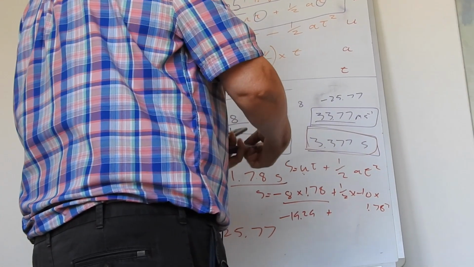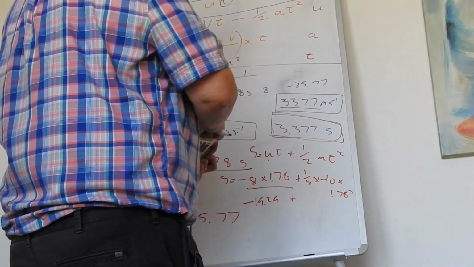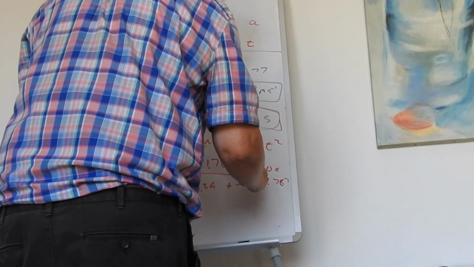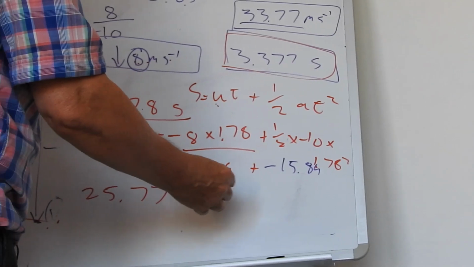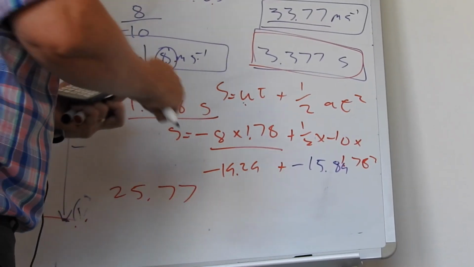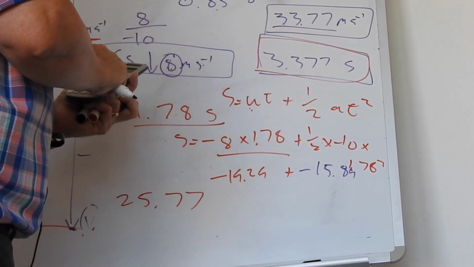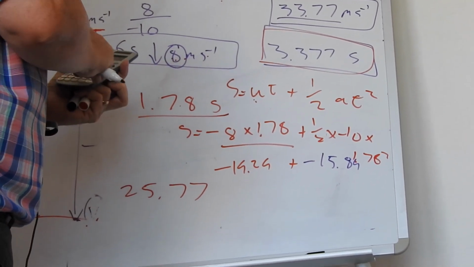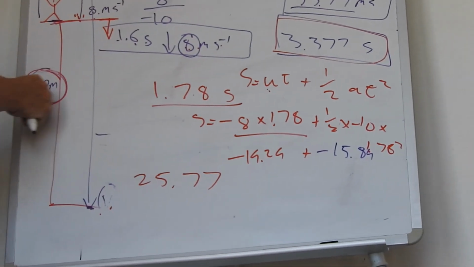That sounds about right, but have I got my signs mixed up somewhere? Yes, it's a plus minus 15.84. Minus 14.24 plus minus 15.84 is the same as minus 14.24 minus 15.84, surprise, surprise, 30 meters.